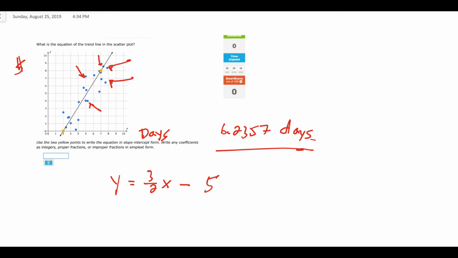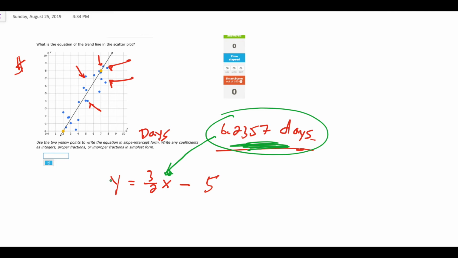How do you do that? You plug that in for x. So even though we didn't observe this actual data point, as long as the graph is linear like this, you can get an idea of what it would be. It fills in the gaps for us. So that's what scatter plots are all about.